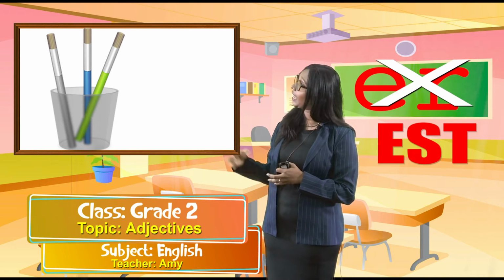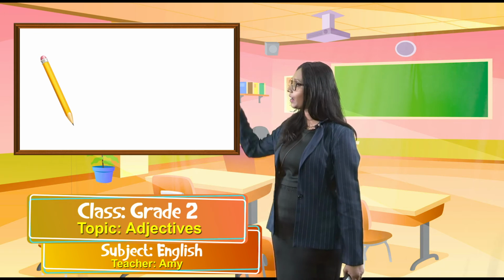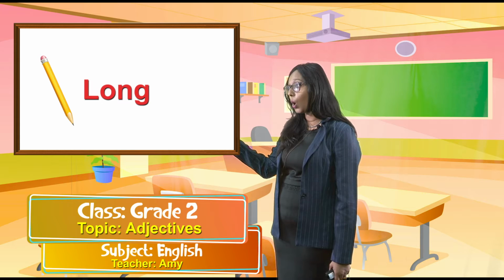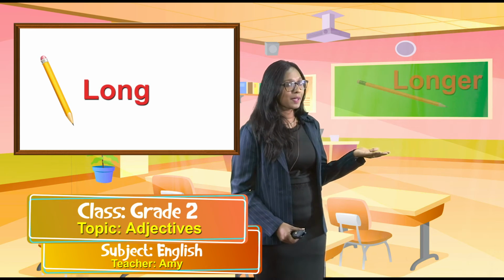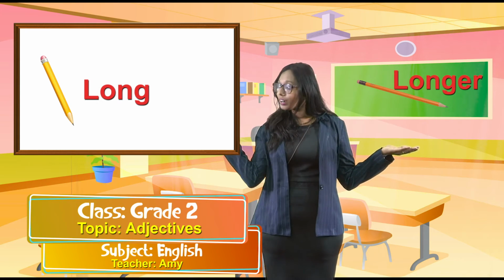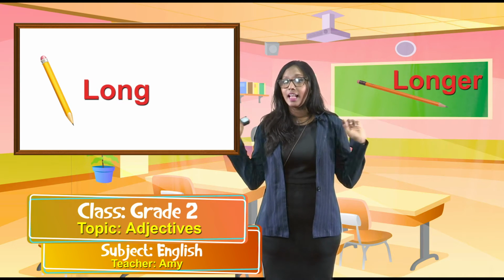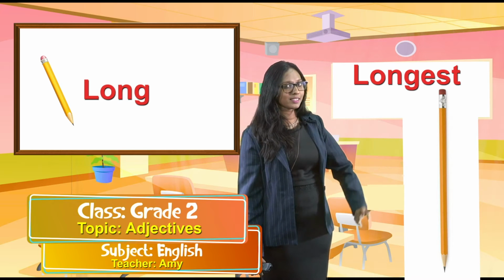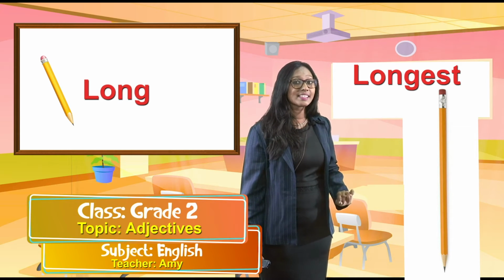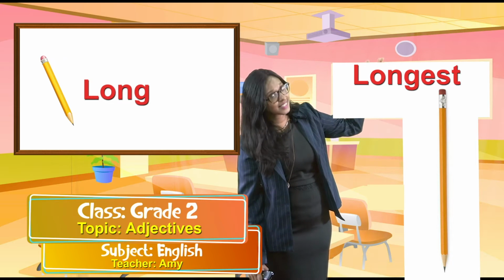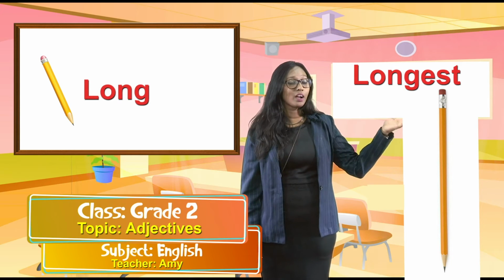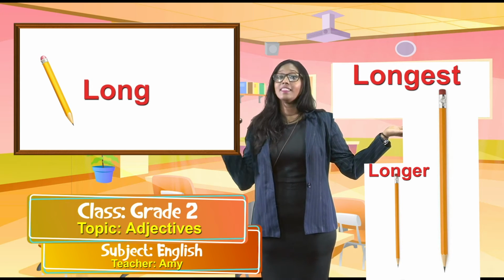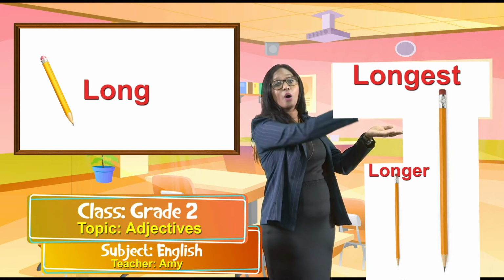Let us take a look at this example. Here we have a pencil. This pencil is long. This pencil is longer than this pencil. And then we have another pencil. Now take a look at this pencil. This pencil is the longest pencil, because when I compare this pencil to this one and this one, it is longest.